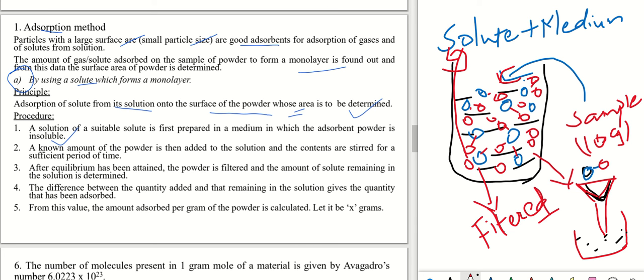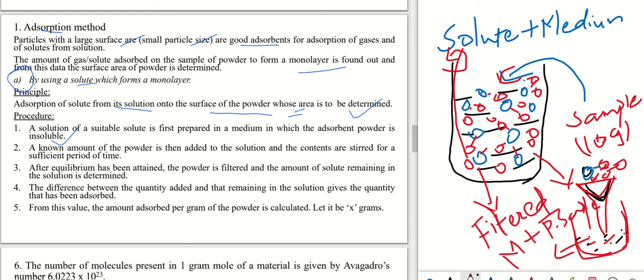All the particles which have been adsorbed will be filtered out like this, and the solution here will have the medium along with the leftover sample.